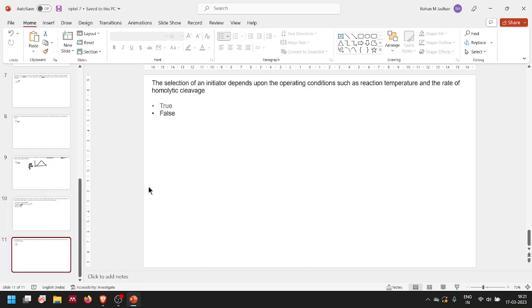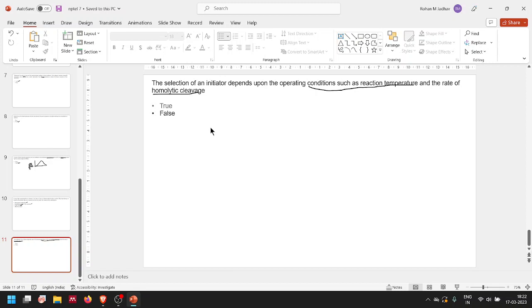Moving on to the next one, 11th question. The selection of an initiator depends upon the operating conditions such as reaction temperature and the rate of the homolytic cleavage. As discussed in the previous question, yes, the selection of initiator is dependent upon the operating conditions such as reaction temperature and the rate of the homolytic cleavage, because the rate of polymerization is dependent on the initiator species, and initiation is critical, and the activation energy barrier plays an important role during selection of initiator compounds.